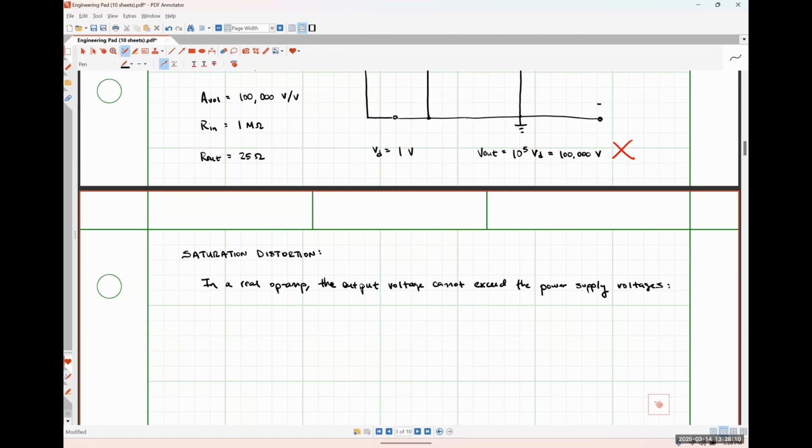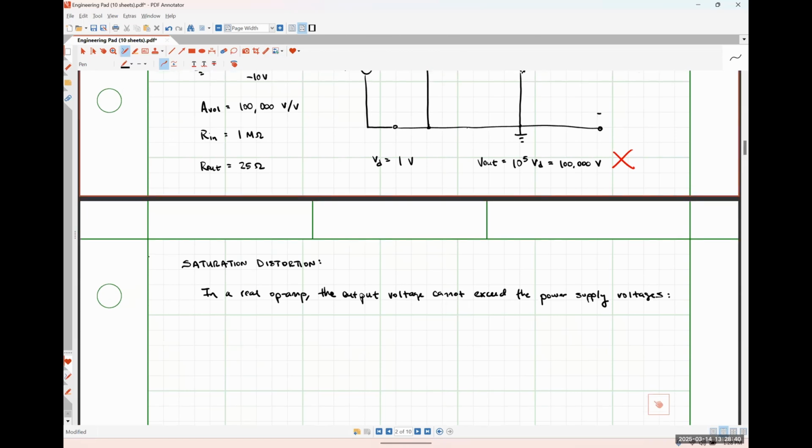Now, technically, that is only true for what are called rail-to-rail op-amps that are designed to work all the way up to the positive power supply voltage and all the way down to the negative power supply voltage. Most op-amps aren't actually rail-to-rail op-amps. So there's about, depending on the design, between 1 volt and half a volt of effectively dead zone when you get up close to the power supply voltages.